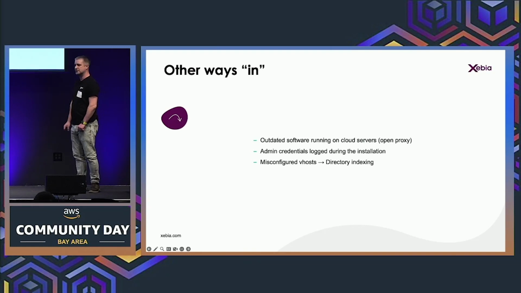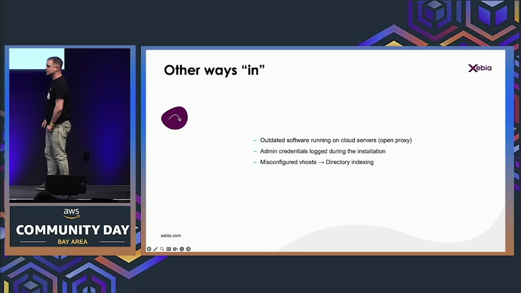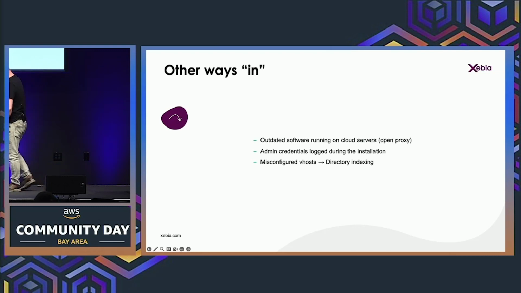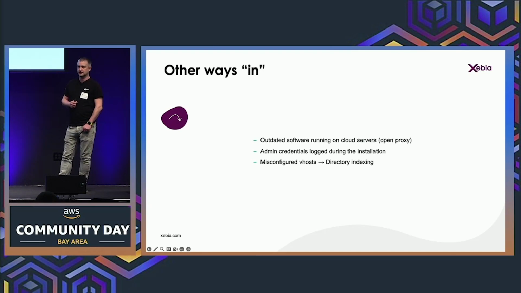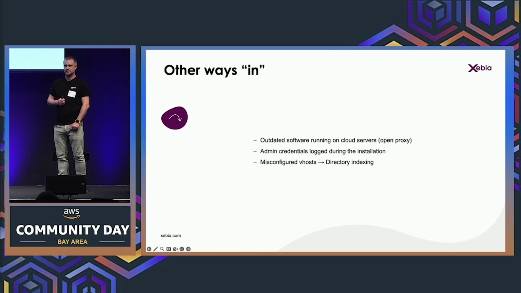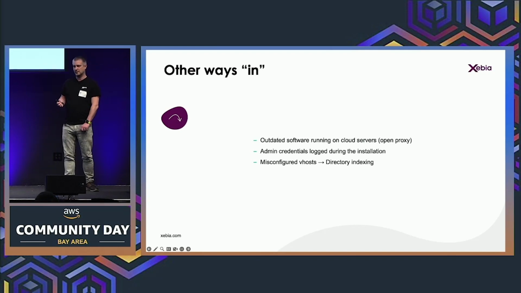Next one, misconfigured vhosts. If you use Nginx or Apache as your web servers, when you install them, you get the default vhost that is used when someone accesses your server by IP or by any other domain or subdomain that points to your server but is not configured with a separate vhost.